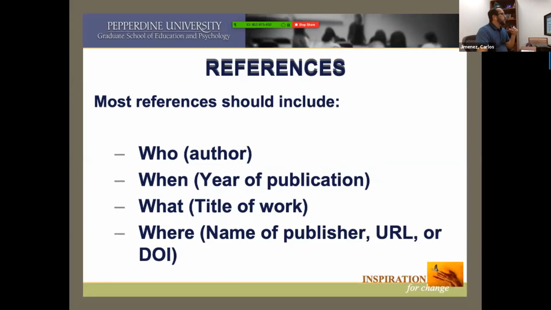Each of these we would classify as a source element. So the who, which is the author, or the organization, if there's no specific person. The when, the year of the publication or the year that the page was updated. The what, the title of the work, and then you have the where, so the name of the publisher or the hyperlink to the URL or the DOI there.